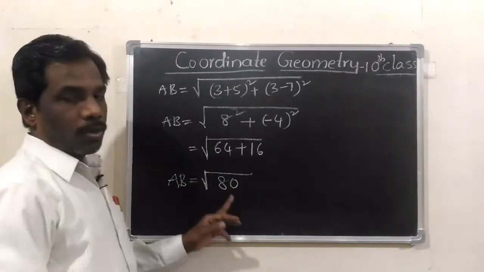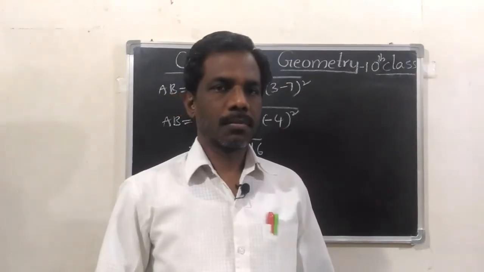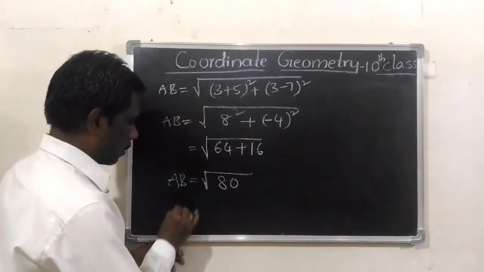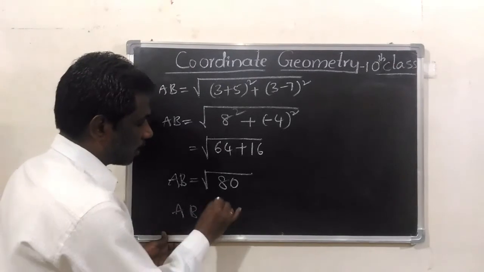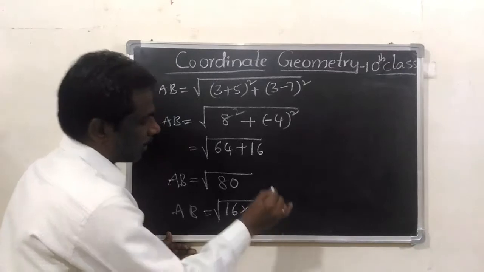AB is equal to root 80. Now this 80 can be written as 16 times 5.